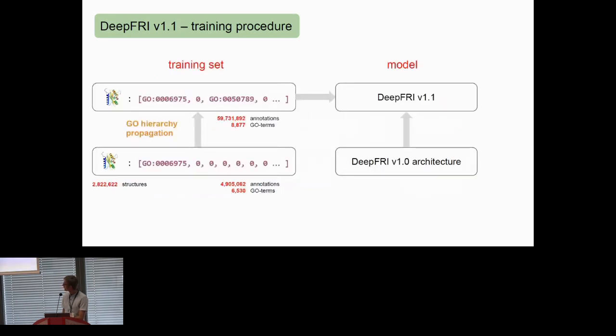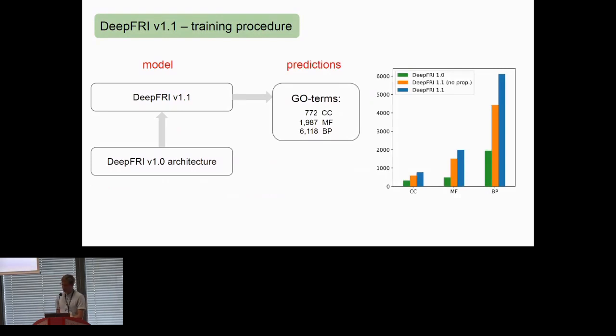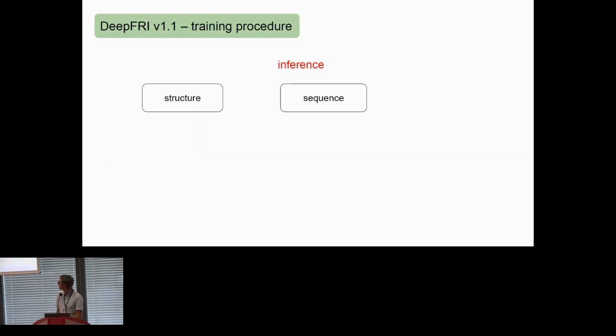And we use the original DeepFry 1 architecture because it's been proven to be reliable. So we didn't want to change it at the moment, at least. Now release 1.1 is able to predict almost 8,000 unique GO terms, which is roughly 3 times more as compared to release 1. When it comes to inference, if you have a structure, you can directly put it into DeepFry 1.1.